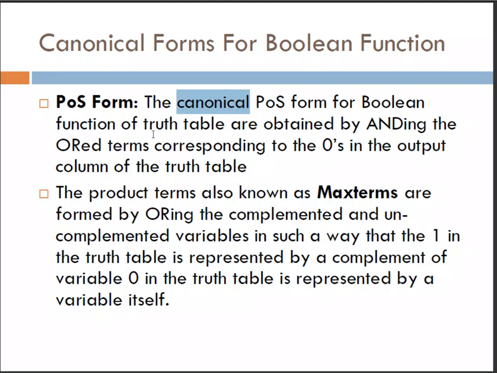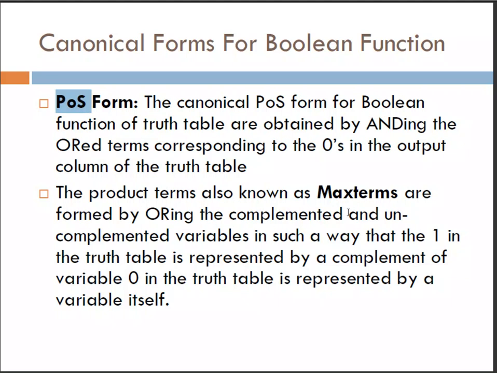POS for a Boolean function from a truth table is obtained by adding the variables, then making a product of them. That is why it is called the product of sums. Each product term is called a max term. The previous one is the min term; this one is the max term.